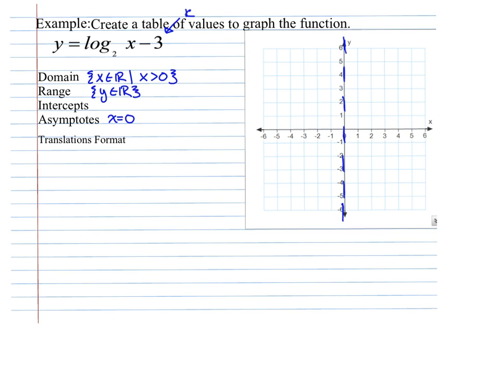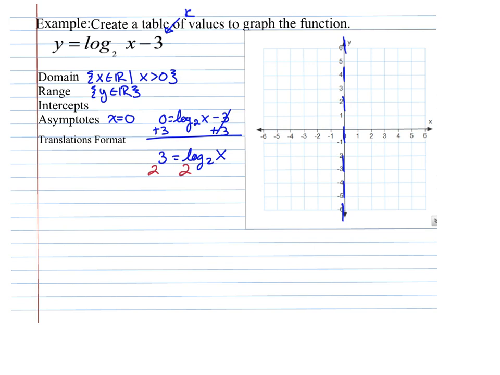And for my intercept, let's work it out. So I'm going to have 0 is equal to log 2 of x minus 3. So I'm going to add 3 to both sides. So I'm going to have 3 is equal to log 2 of x. To get rid of the log, you're going to raise it to the power of your base. So I'm going to raise it to the base of 2.